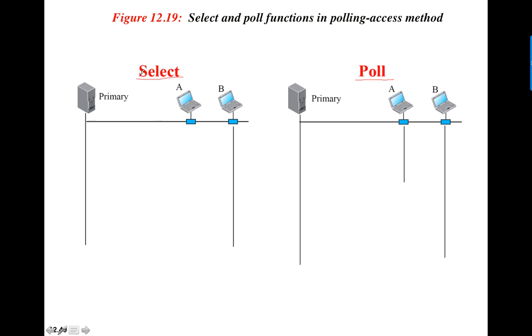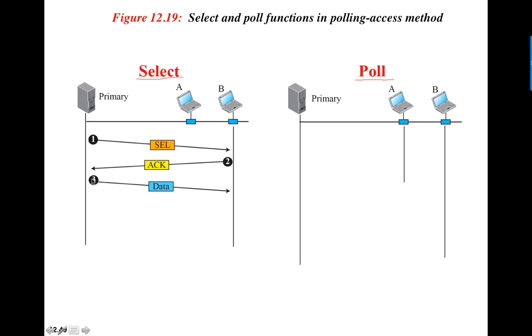Now let's look at the select mechanism in here. The primary will send a select message. In here, it wants to send something to B. So the primary sends a select message to B. B responds with an acknowledgement saying, I am ready, I am okay to accept what you are wanting to send me.